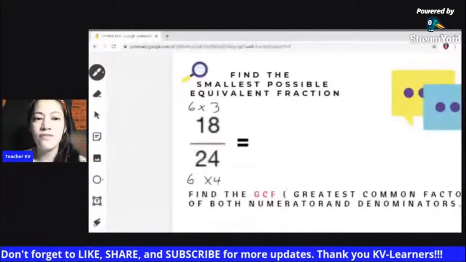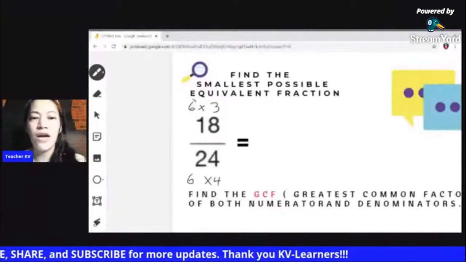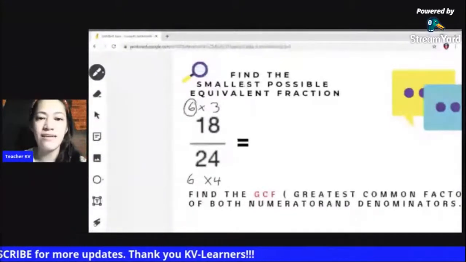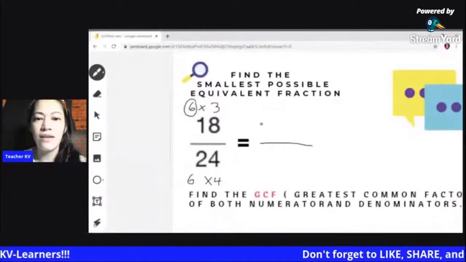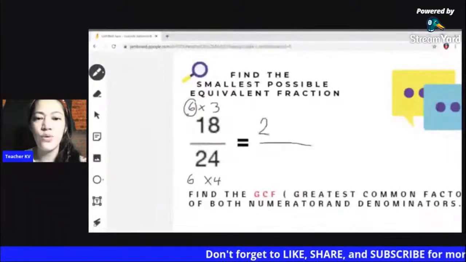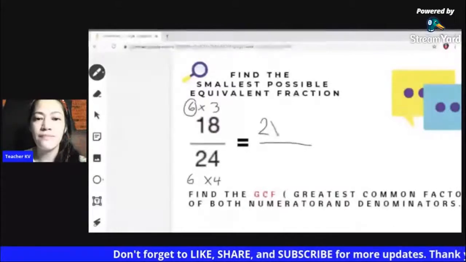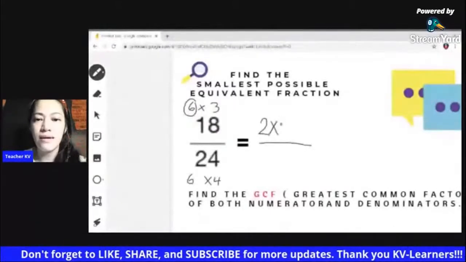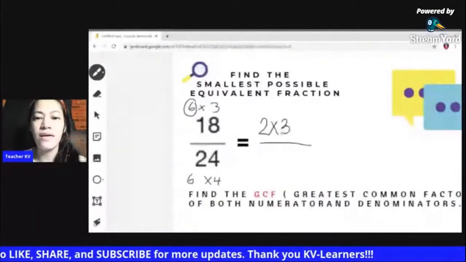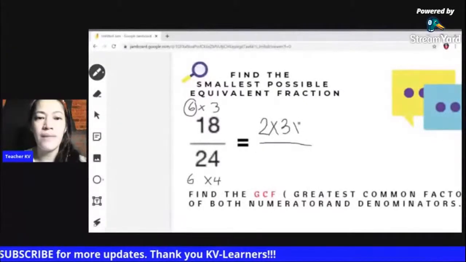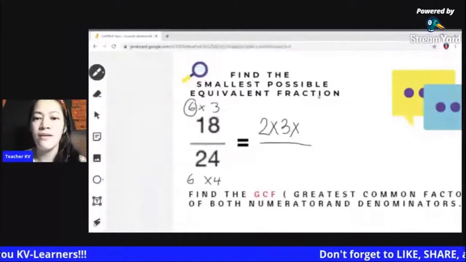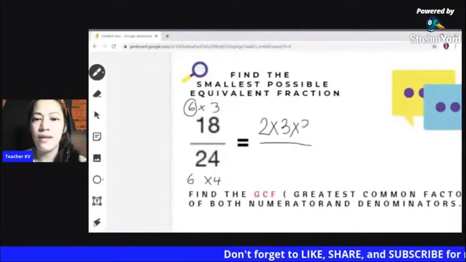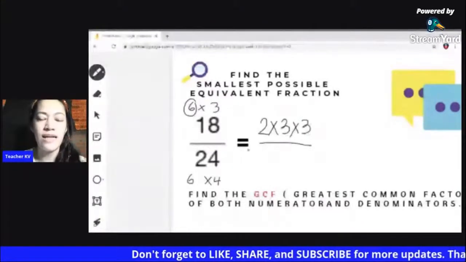Since our 6 can be factored into 2 times 3, okay? So, we write 2 times 3, and then we copy the other 3. Notice our 3? We just attach it there.